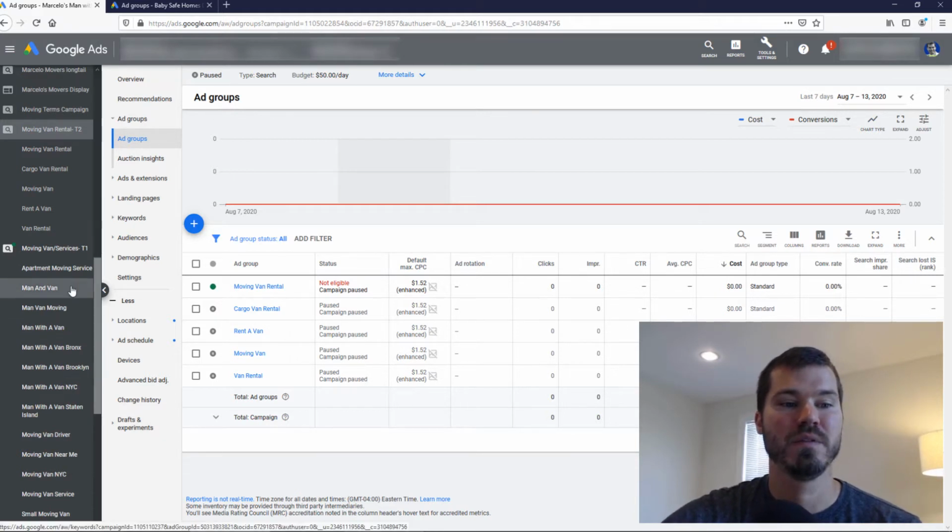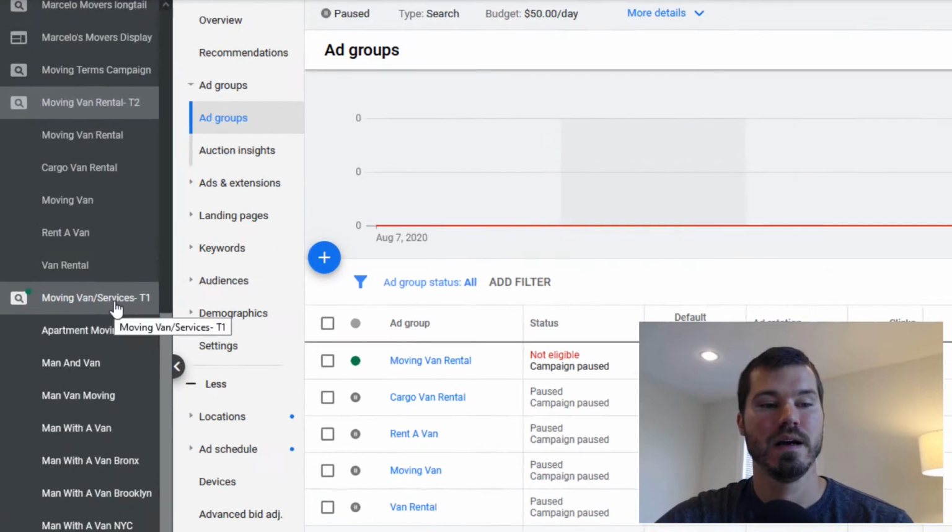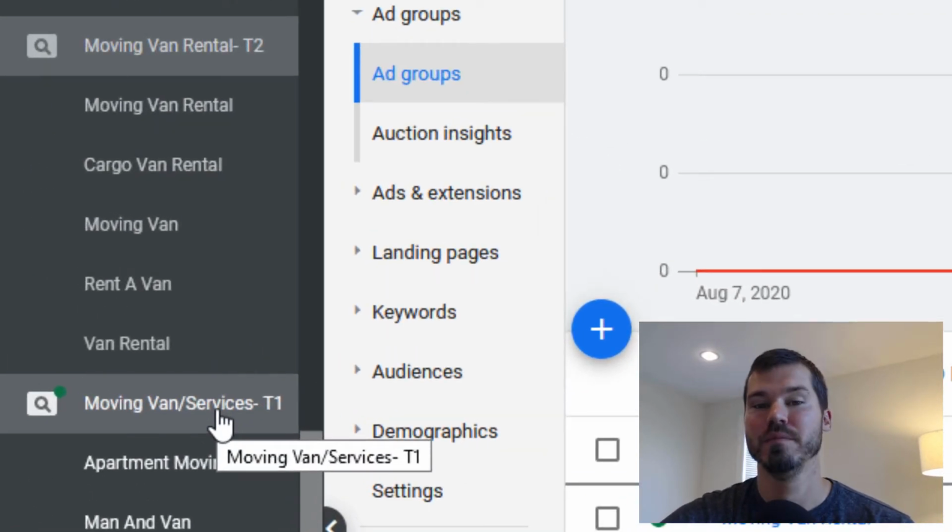The first example I'm going to show you is a moving service. This is actually a moving company in New York City. They provide a vehicle, but they also provide service.